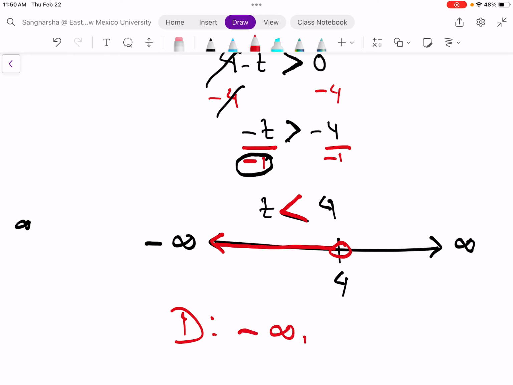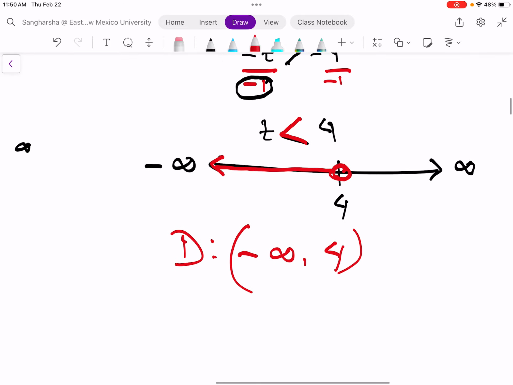We have a parenthesis at negative infinity, and since it's an open circle, we have a parenthesis here. So negative infinity to 4 is the domain for this function. 4 is not in the domain. If t is 4, we get 0 in the denominator, so that is not in the domain. All right, let's do this much for today.